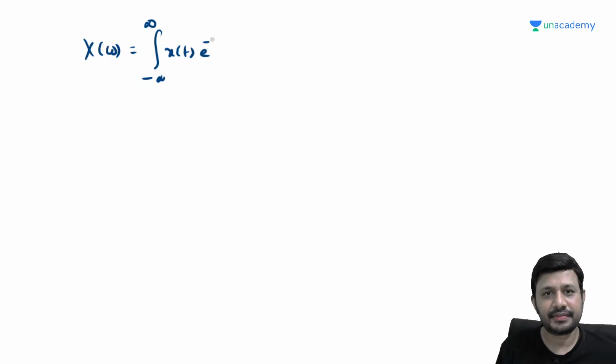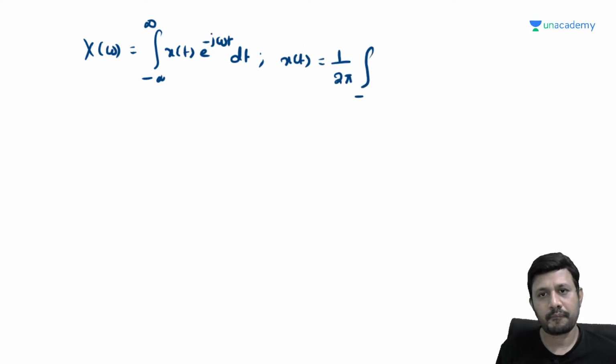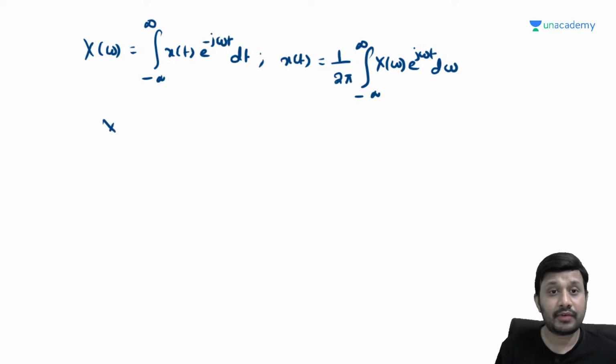What is the area property? First of all, what is your Fourier transform expression? This is the Fourier transform expression, and this is the inverse Fourier transform expression. What happens if I substitute omega equal to 0 here?